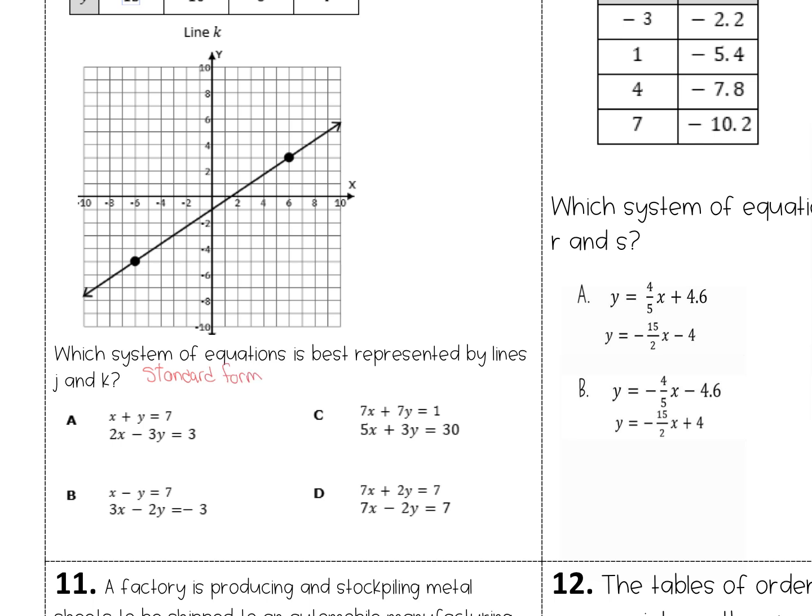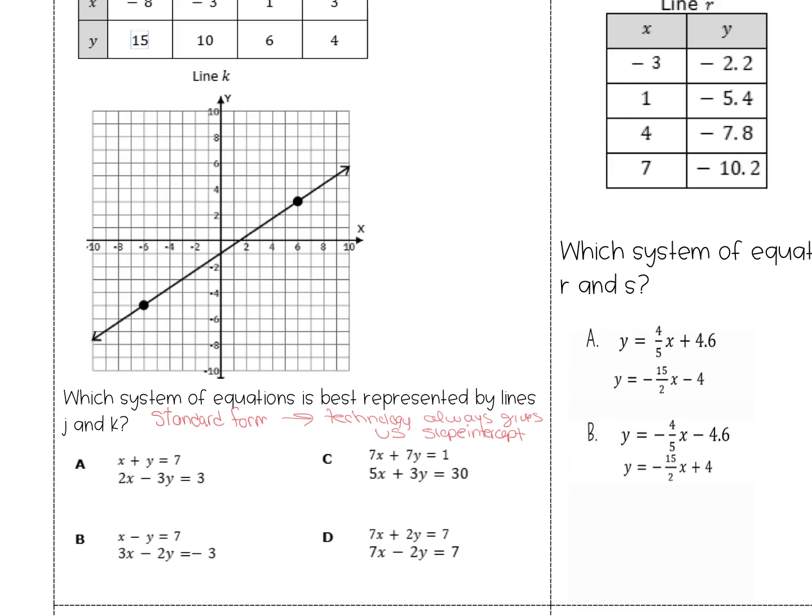And when we put information in the calculator or into Desmos, our technology always gives us slope intercept form. So we are not going to put this in unless you want to switch it all around. You can do that too.